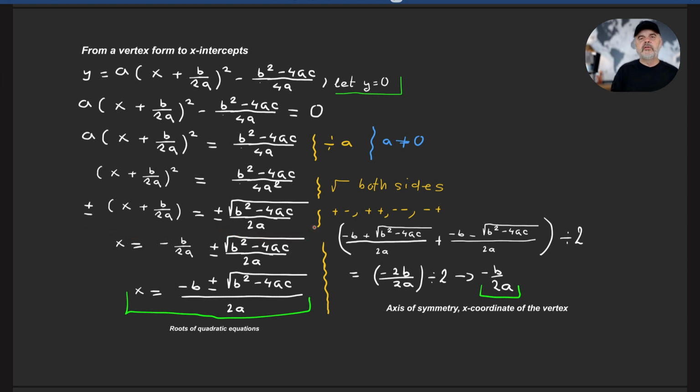Now, we would have 4 possibilities: both sides positive, both negative, left positive and right negative, and vice versa, left negative and right positive. Out of 4 possible cases, only 2 would work because there will be overlap between the other 2 possibilities.